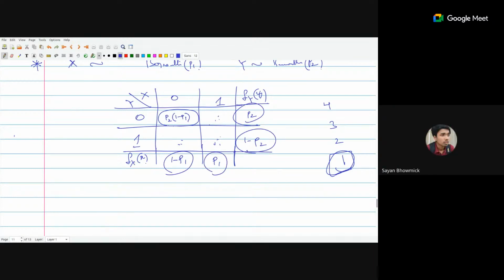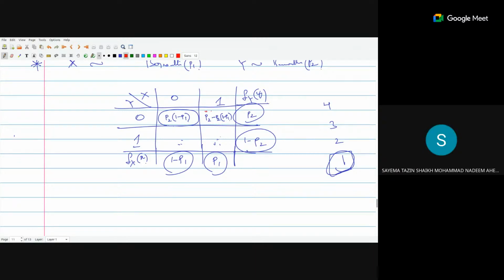Yes, sir. By subtracting with each of the marginals. What will be this entry? The 1 0 entry is simply P2 minus P2 times 1 minus P1. Right? If you simplify this, what will this be?